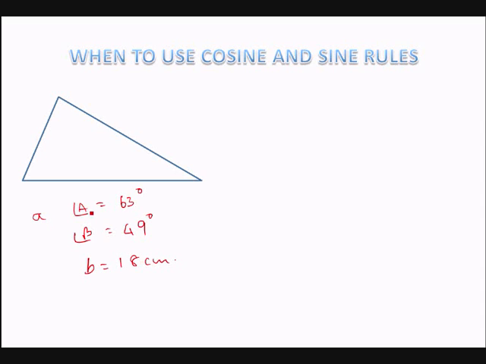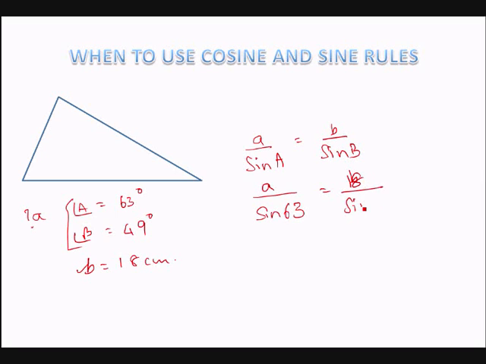So again I have two angles given and one side given, and I am asked to find the third side. I can easily use the sine rule without even considering this triangle. I can just directly write the sine rule and substitute them. a is what we need, so it is a over sine 63 equal to b, which is 18 over sine 49. You can easily simplify this and get the value of the side a easily.